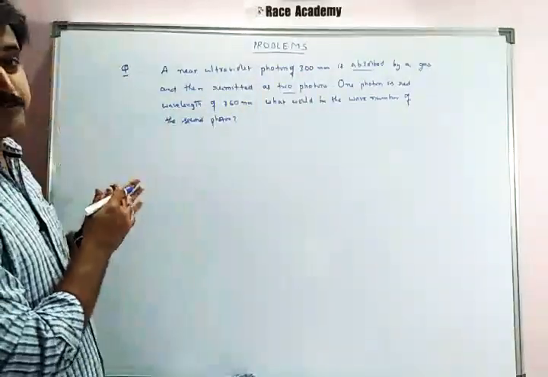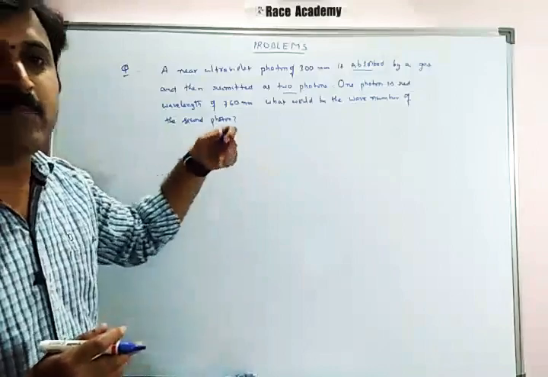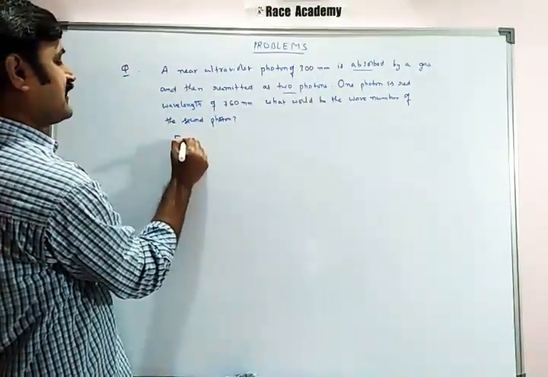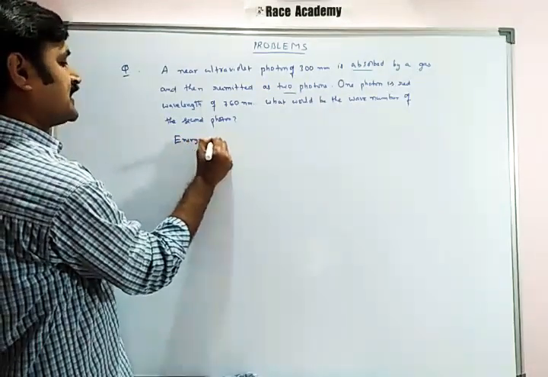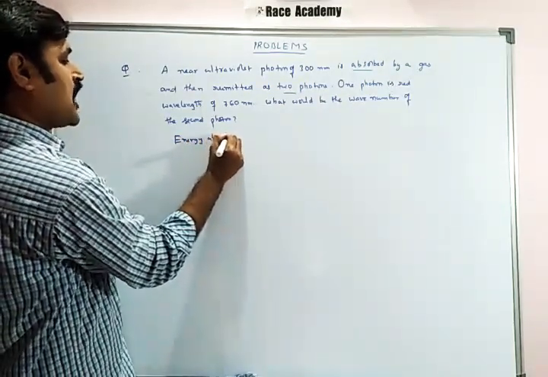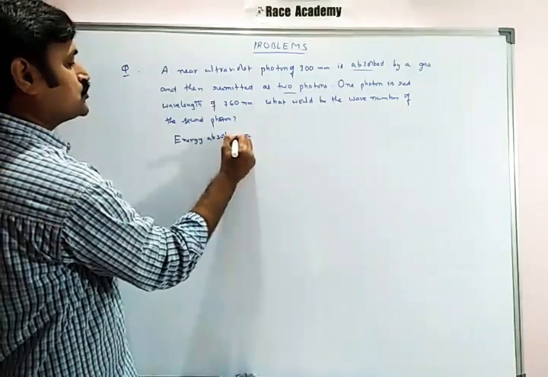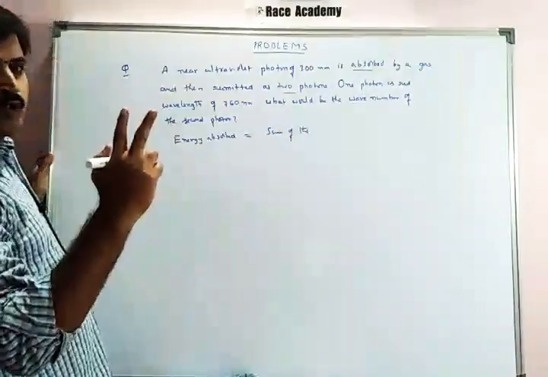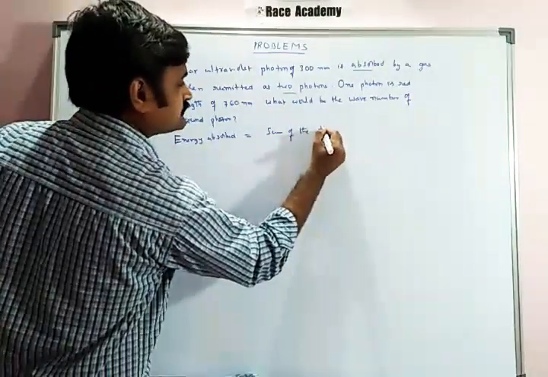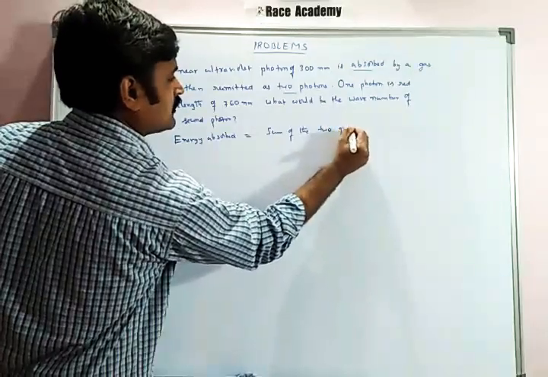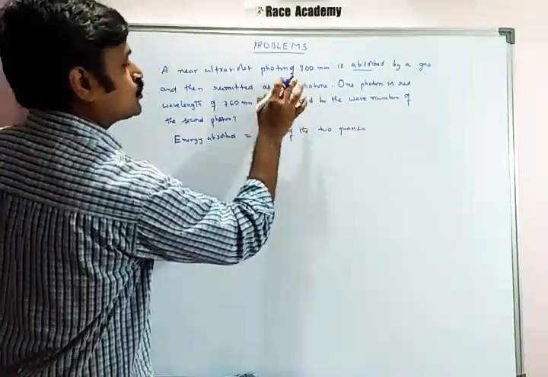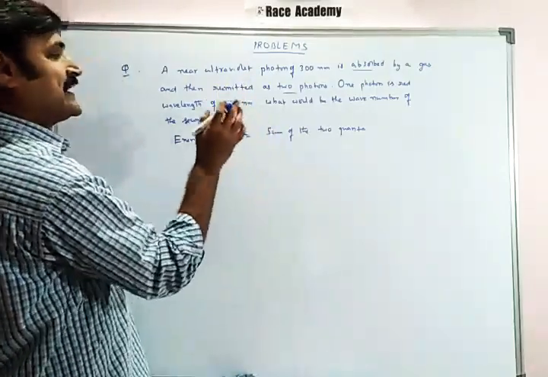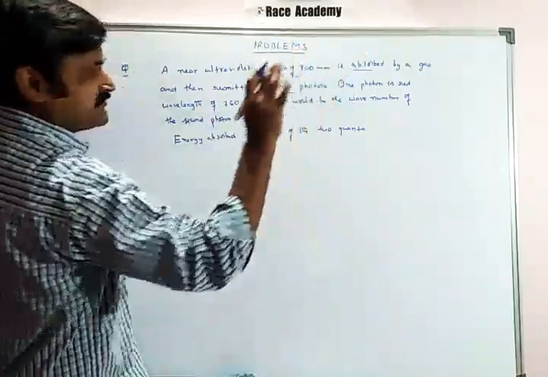You can write energy absorbed is equals to the sum of the two quanta. That is a hint they have given. Plural we are using because they have given two photons. Sum of the energies of the photons, red wavelength and another second wavelength.